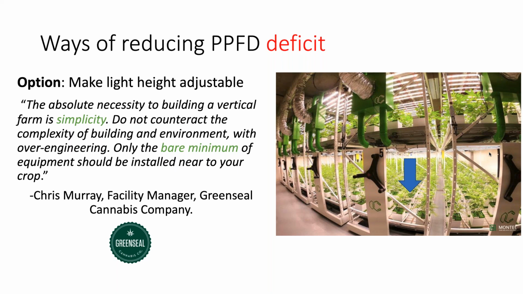And typically when something breaks, you have to service it during the day when the lights are on, so you're disrupting your production schedule, right? So he's always asking himself, what can I remove from this room? Does this piece of equipment have to be here? The whole idea is to always have the bare minimum of equipment installed near your crop.